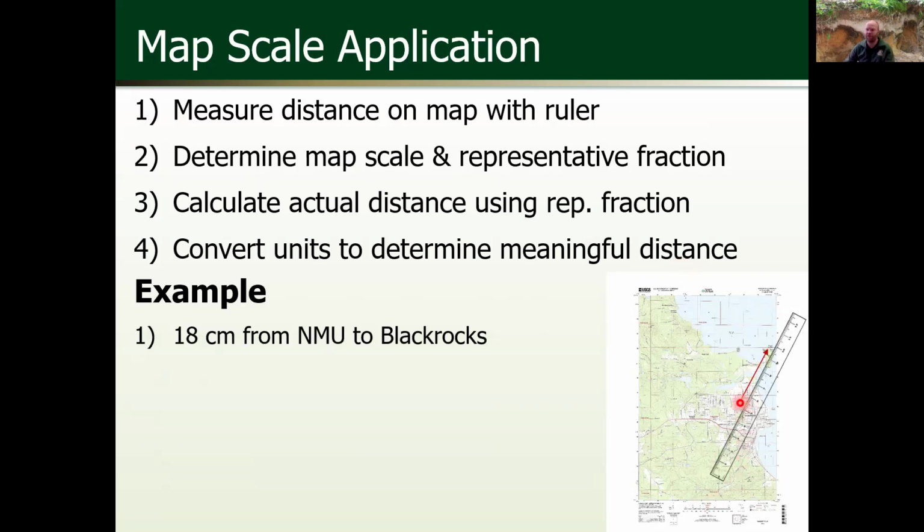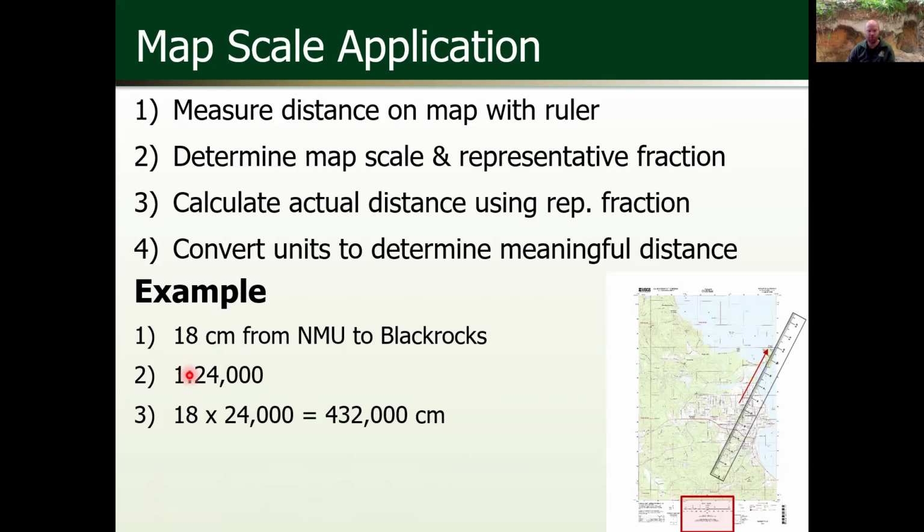If you were to walk from here at NMU on campus and you wanted to go jump off of Black Rocks, you measure that distance on the actual map and you find that it is exactly 18 centimeters. You then determine that the representative fraction of this map is 1 to 24,000. You could then multiply 18 by 24,000, and then we can show that there are 432,000 centimeters between NMU's campus and Black Rocks.